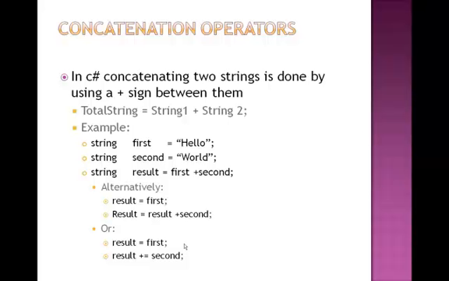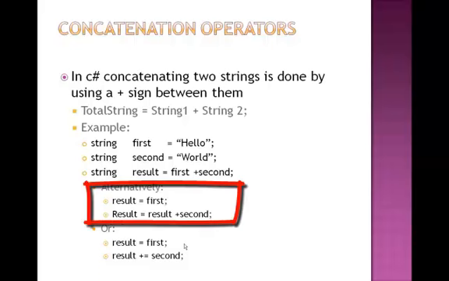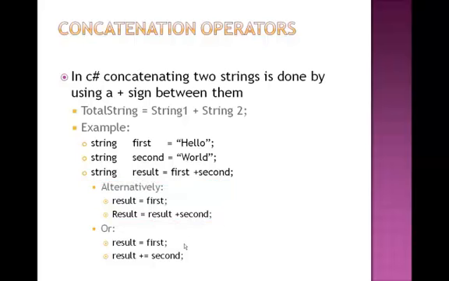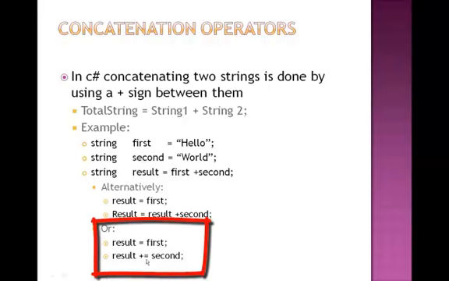Now, an alternative way of concatenating variables. In this example I used first plus second as concatenation, or I could first put the first string into the result and then add the result to the second and put it back to result, or I could use a simpler version of concatenation which C# supports, and that is result plus equal.